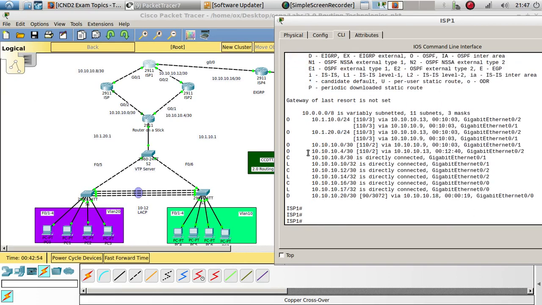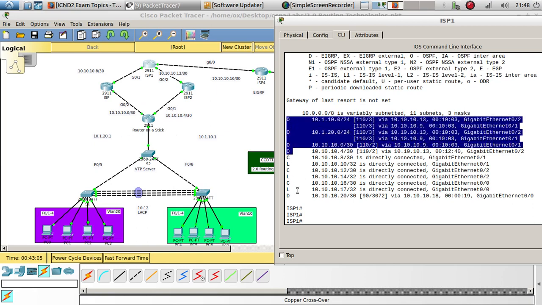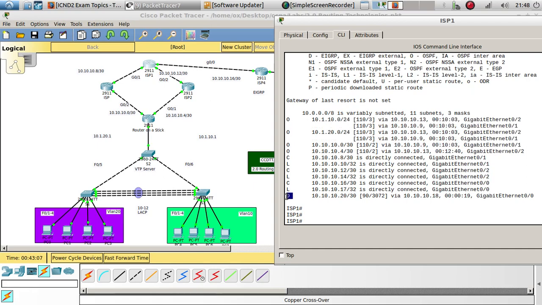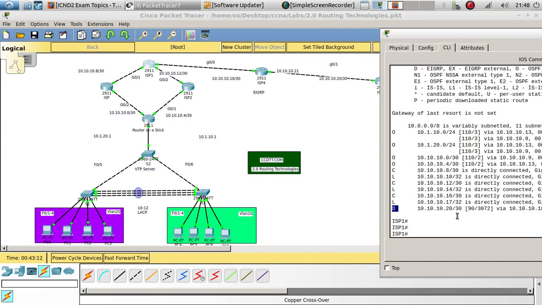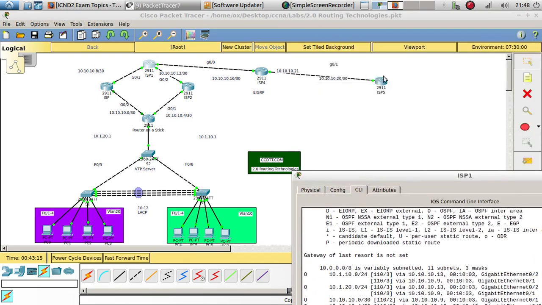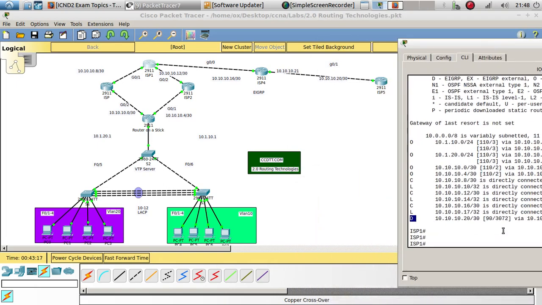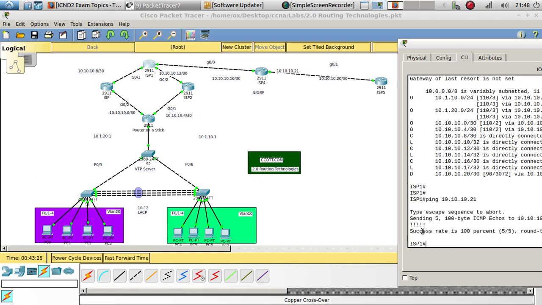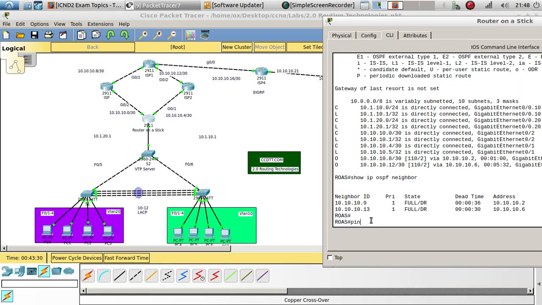You can see now that we have routes from OSPF, which are these ones over here, a couple of routes using OSPF, and then we have one to this one over here, 10.10.10.20, which is all the way right here, and we should be able to ping this. So if you go ping 10.10.10.21, I should be able to ping it from ISP1. But am I able to ping it from this router? Let's take a look.